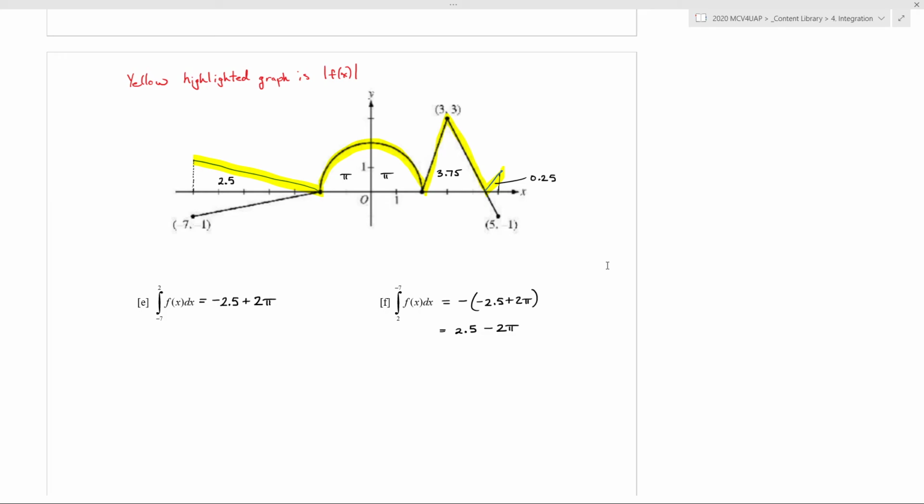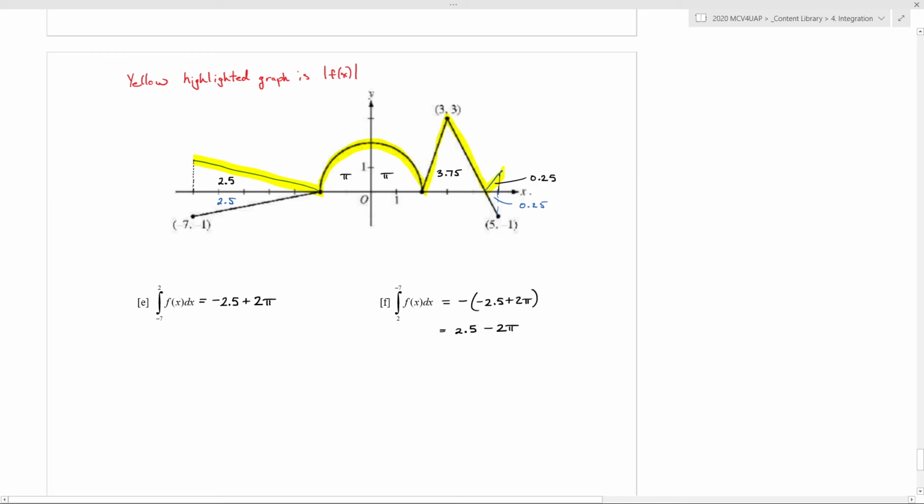Okay, so part E says evaluate the integral from -7 to 2 of f of x. We're not looking at the absolute value function now. So maybe I should write this in here as well. This is 2.5, and this area in here is also 0.25.